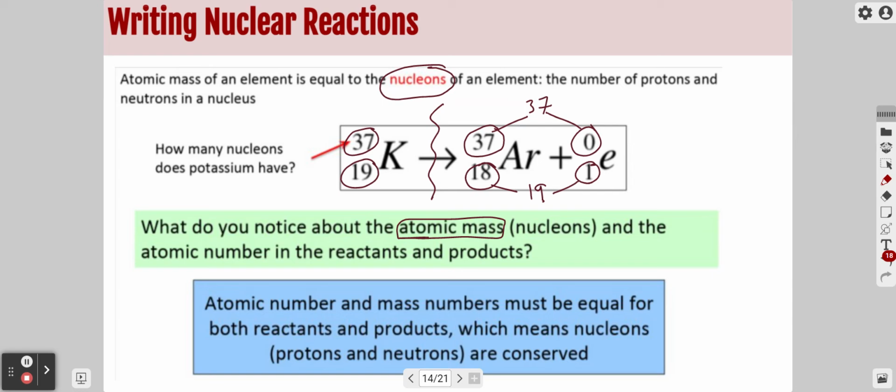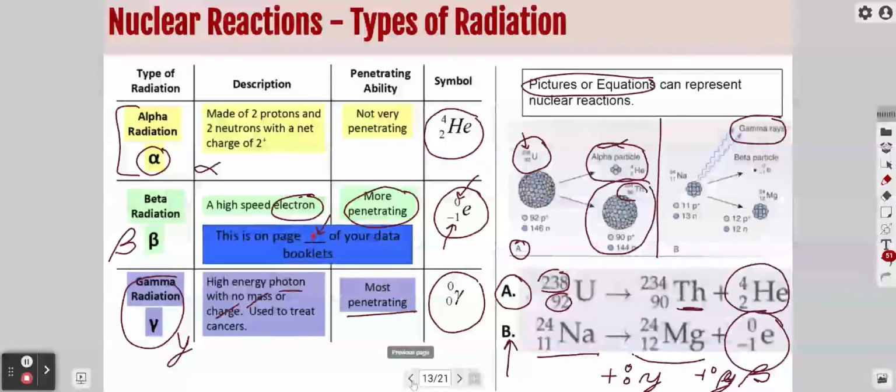Oh, something is wrong here. Somebody has done this incorrectly. This is actually a good teaching point. You'll remember from the last page that a beta particle is an electron, and the one was actually negative. I'm going to go back so that you can see.